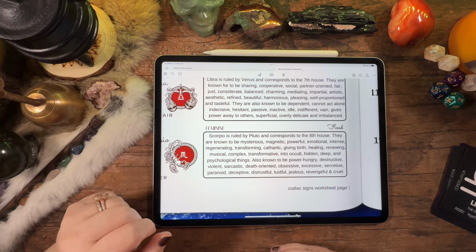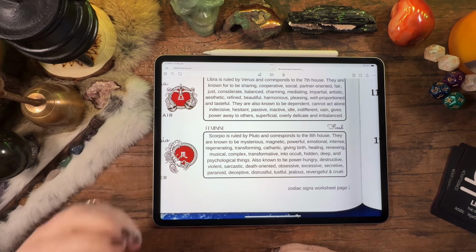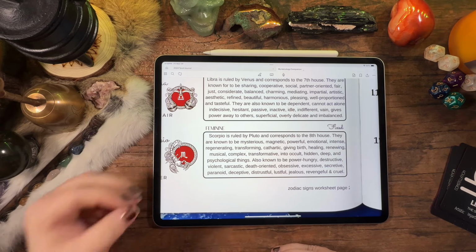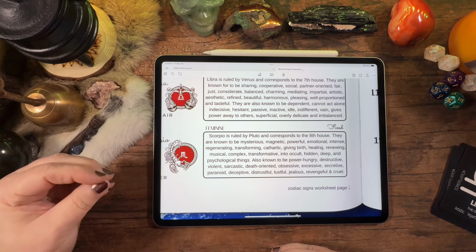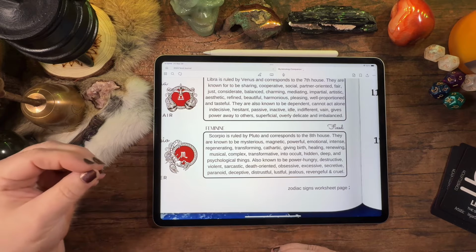Also known to be power hungry, destructive, violent, sarcastic, death-oriented, obsessive, excessive, secretive, paranoid, deceptive, distrustful, lustful, jealous, revengeful, and cruel. Do you see why, with all these different characteristics, it is so good to use these energies to your benefit instead of becoming self-identified in them and using them to your detriment?